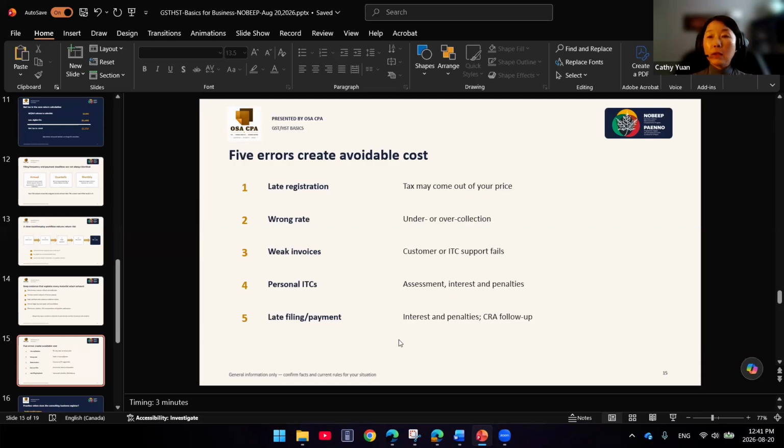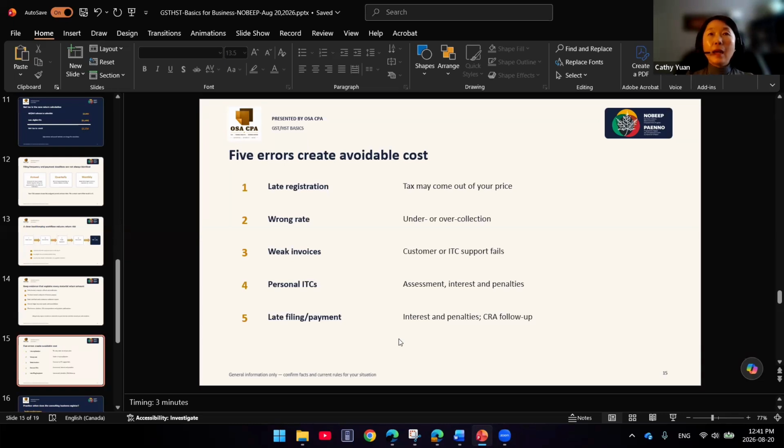The CRA will charge you tax interest. But if you have a refund, the CRA will also pay you interest. It's very funny, but that's the real case.